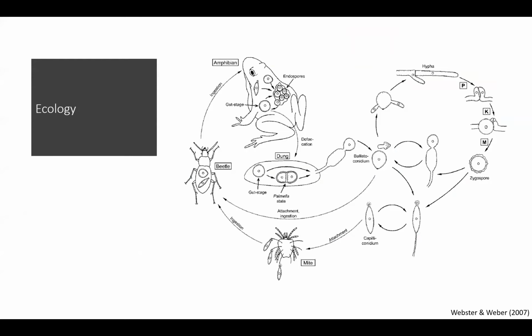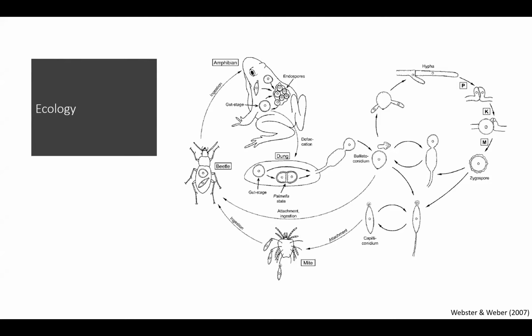So as I mentioned previously, most of this genus are amphibian and reptile endosymbionts in the gut. And they typically dwell as endospores or as this gut stage type cell rather than as hyphae. And because they're in this close interaction with all of these microbes here, that's one of the indicators that there might be some sort of antimicrobial capabilities of the species.